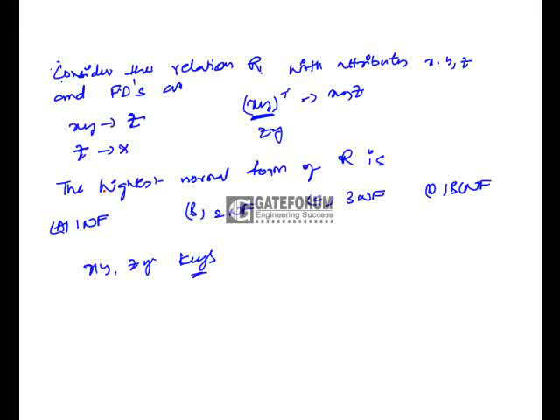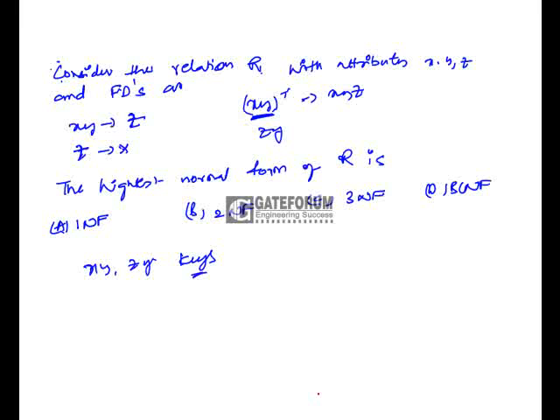Why? Because there will not be any partial dependencies. Partial dependency means part of the key determining some non-key attribute. As all the attributes are key attributes, there will not be any non-key attributes. So there will not be any partial dependencies in the given relation. If there are no partial dependencies, we can say that the table is in 2NF.